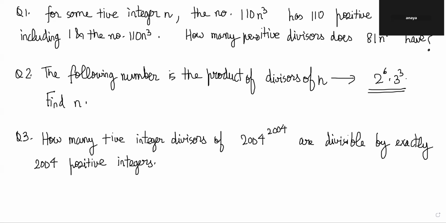How many positive integer divisors of this big number are themselves divisible by exactly 2004 positive integers?